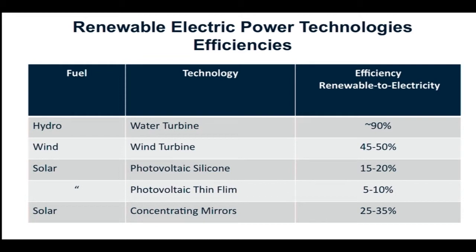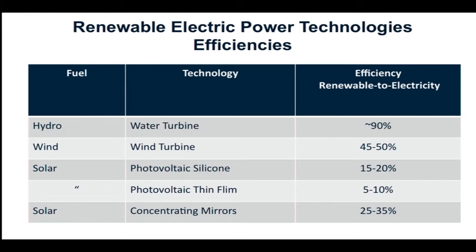Wind turbines, of course, extract kinetic energy out of the wind, and about 45 to 50% of the kinetic energy in the wind that's passing through the turbine blades is converted into electricity. There's a theoretical limit to that.